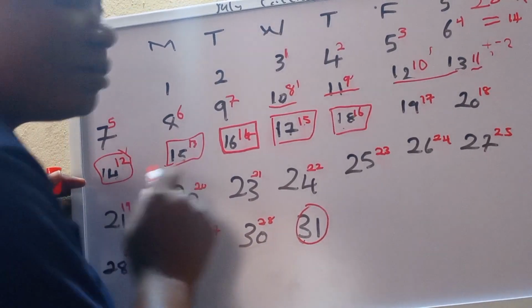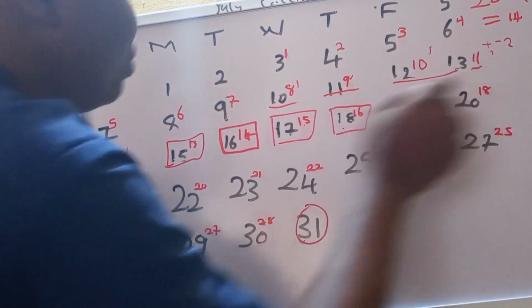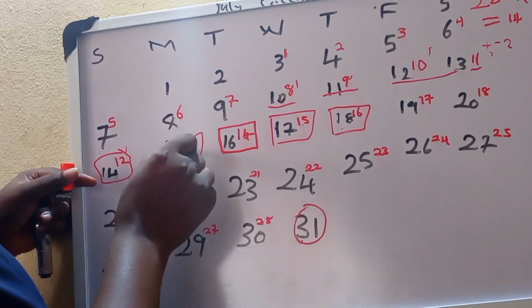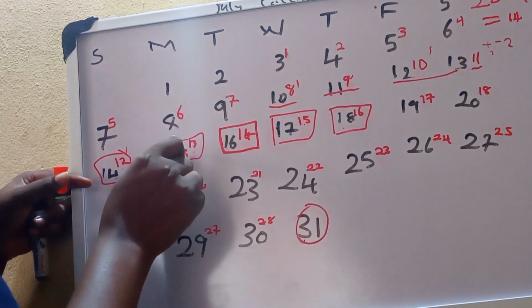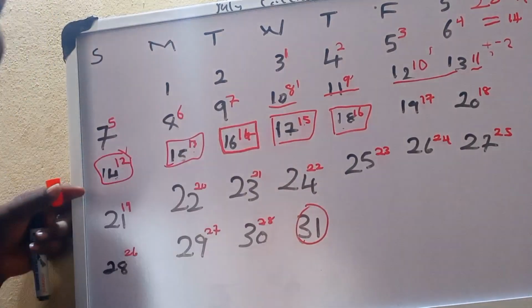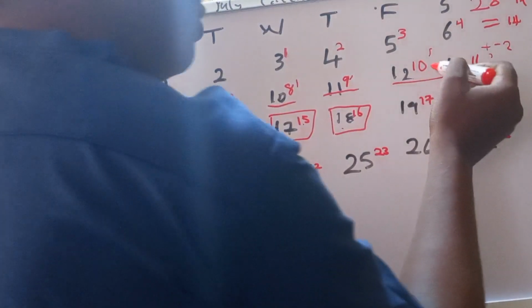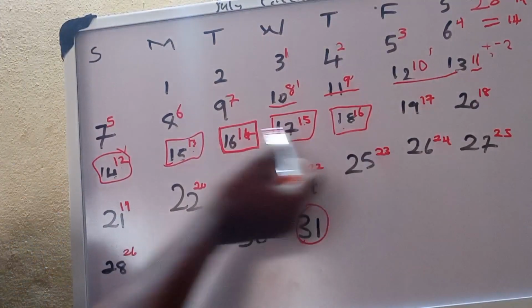Did you get that? Also, if that woman should have sex on the 9th day, the sperm will still be alive up to the 13th day of her cycle length. And if she probably ovulates that day, she will get pregnant. If she should have sex on the 10th day, just like that.